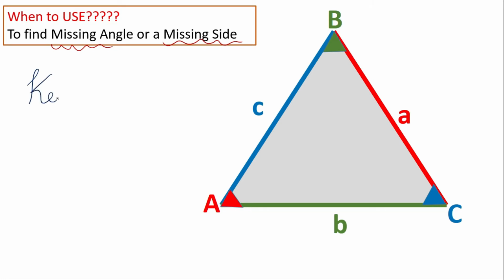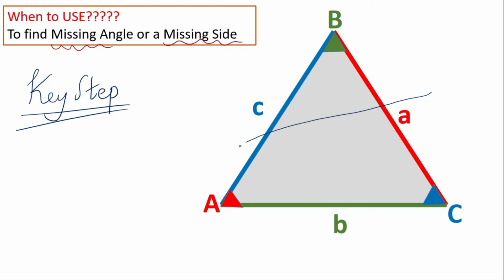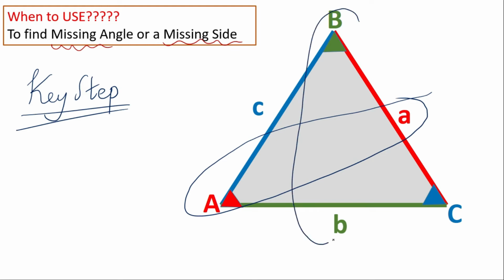One key step that I can give is to make an angle-side pair. For example, this angle and this side can be a pair. When you try to make these pairs, you can make it using a drawing.